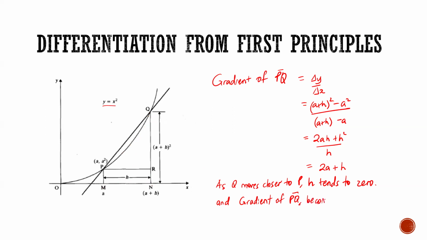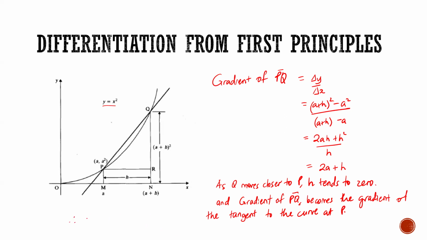And the gradient of PQ becomes the gradient of the tangent to the curve at P. And so we can get the gradient of the tangent to the curve at P. How? Because we know that it will be the gradient of PQ when h is 0 exactly.